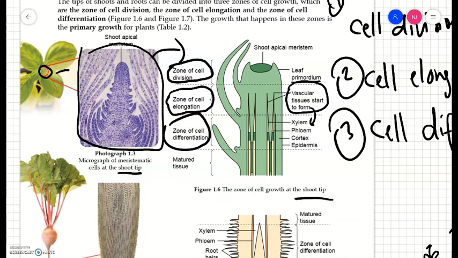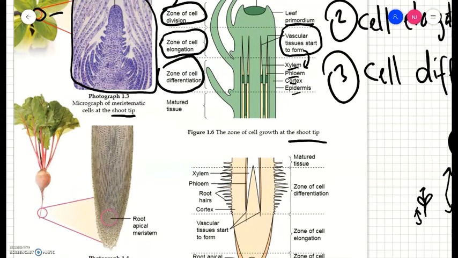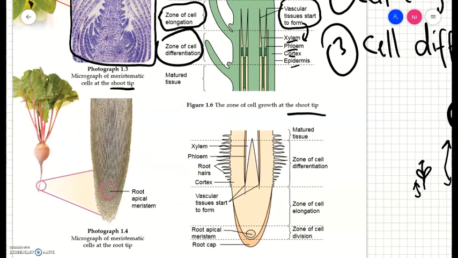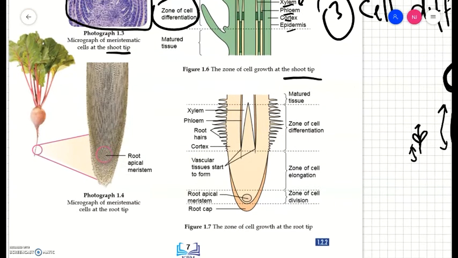It clearly differentiates between xylem, phloem, cortex and epidermis. Again, since this is about meristematic tissues, kita tengok shoot and roots, pucuk dan akar.